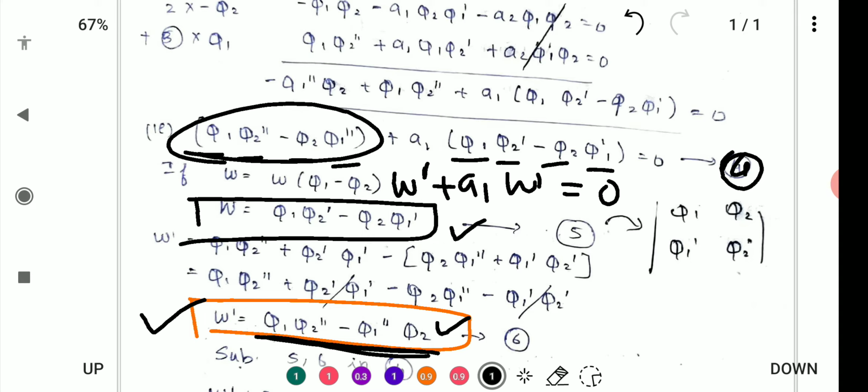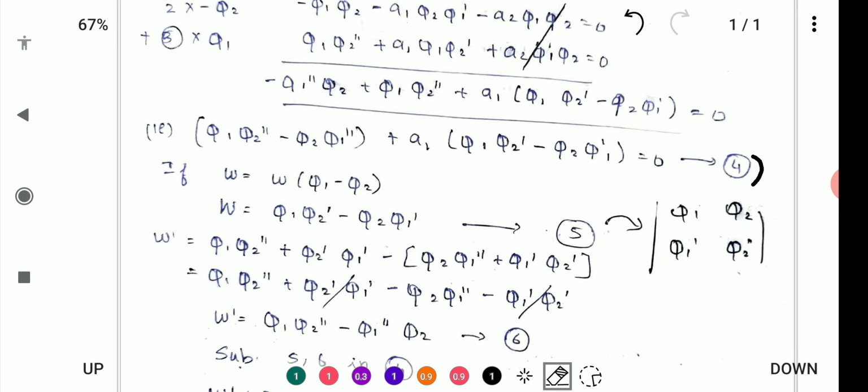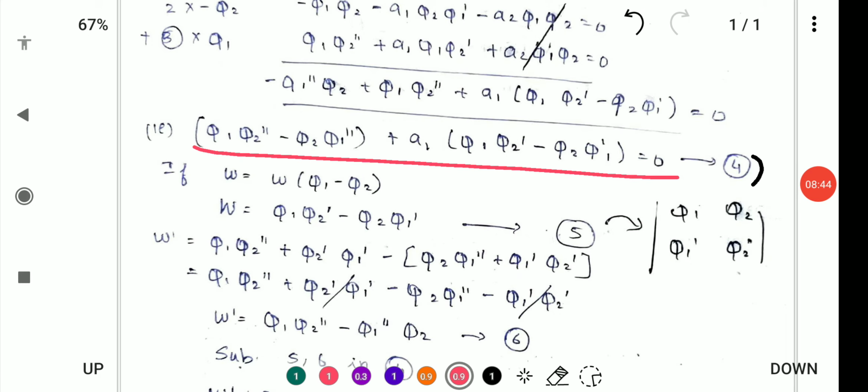Can you get my point? We have done nothing, we have already found that equation, and we are just substituting the Wronskian condition and also the differentiated equation of the Wronskian condition in this equation.